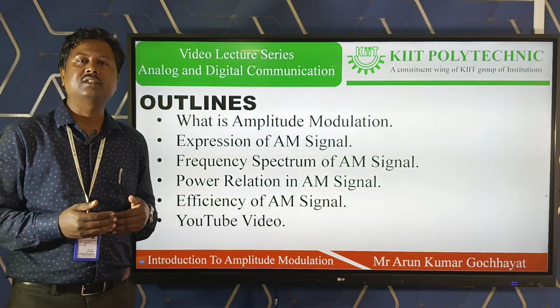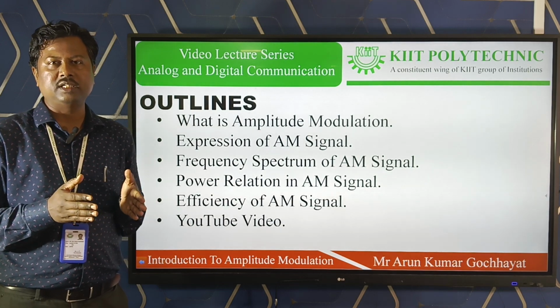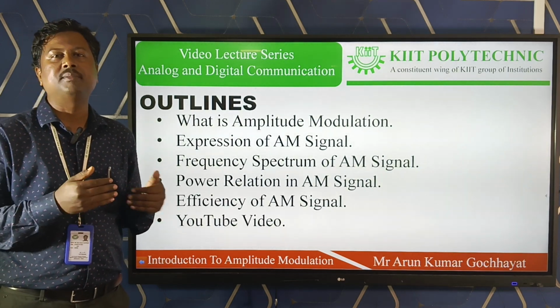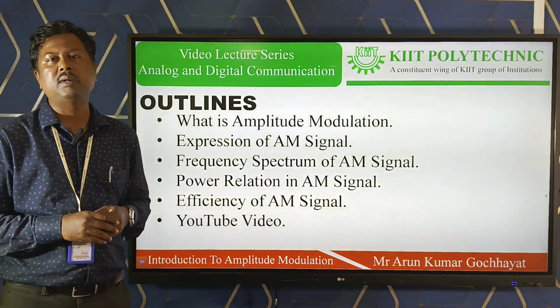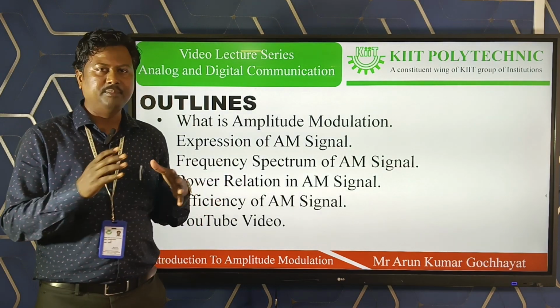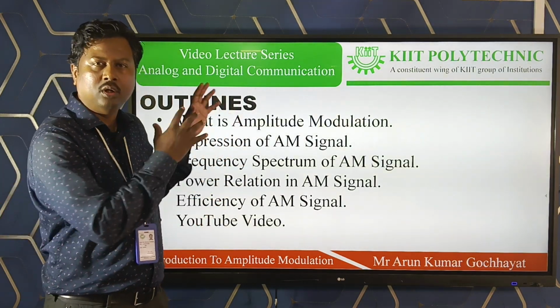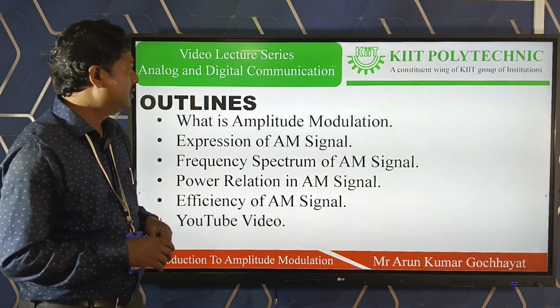Then we will understand how the different components of the amplitude modulated signal are related, that means their power relation. At the end we will go for the efficiency of the amplitude modulated signal, and finally we will have a video where we summarize the whole discussion in a compact manner.